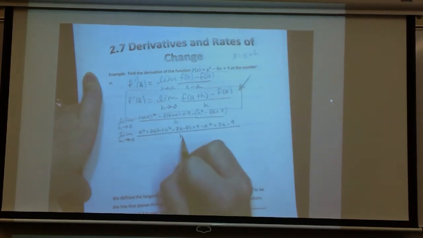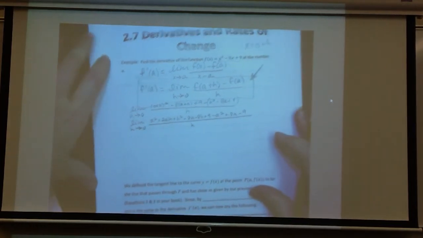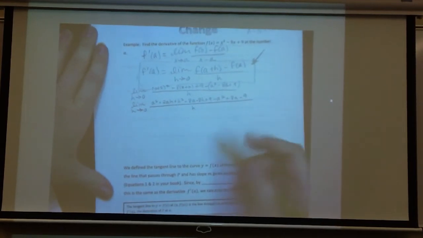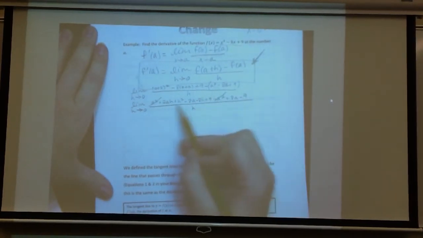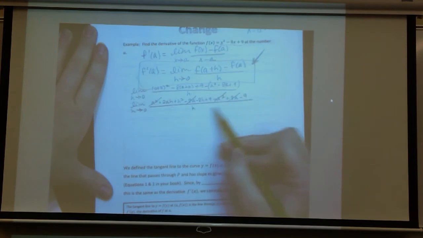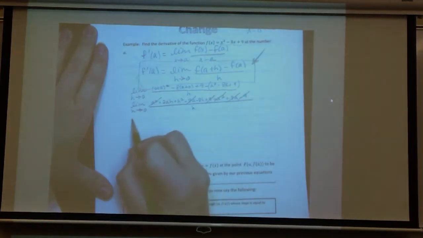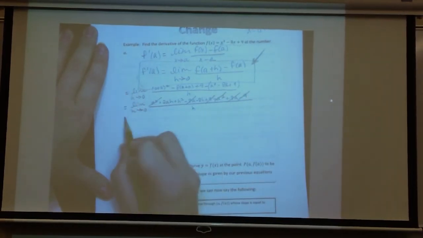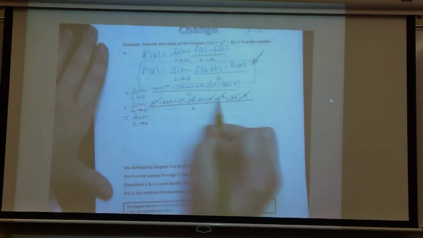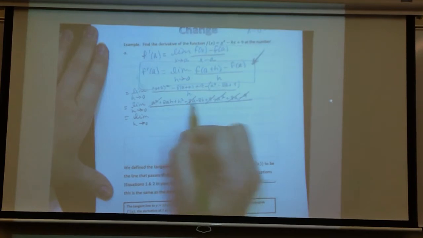So this is just the algebra that I'm kind of cranking through here. Lucky day, isn't it amazing how this happens all the time? Whoa, what just happened? Things cancel out. a squared minus a squared is 0, negative 8a plus 8a is 0, 9 minus 9 is 0.